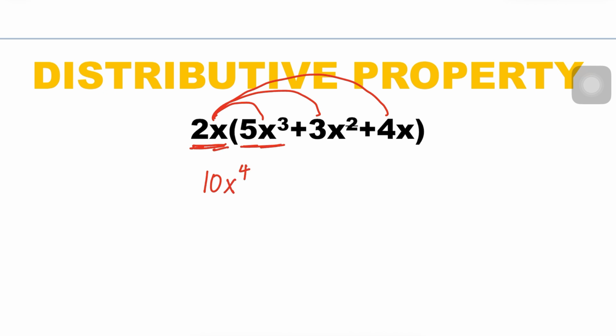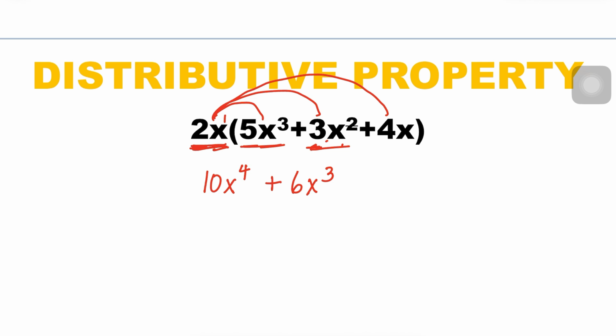Plus 2x times 3x squared. So 2 times 3, 6. X times x squared, x cubed. Because remember, there's an invisible 1 there. 1 plus 2, 3.